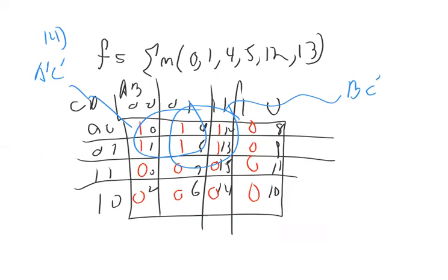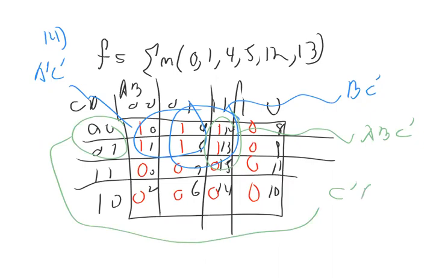Is it clear why you wouldn't want to just loop these two? Because then you would get something like A, B, C prime, and that would not be minimal. You can kind of see why, because if you took these two terms, C prime D prime, and you ORed it with C prime D, you could factor out C prime and you'd have D prime or D, and that allows you to eliminate D prime or D, and then the answer would be C prime.